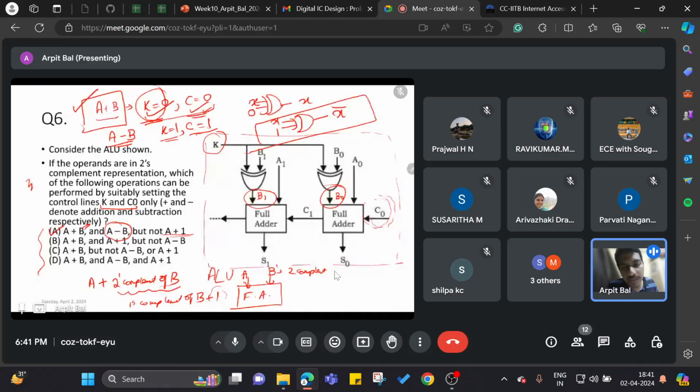So who can provide me that additional 1? We will use C0 to get that additional 1. So I have a full adder, I'll take A, I'll take B's 1's complement and another 1 to get this thing. That is nothing but 2's complement of B, and A plus 2's complement of B is nothing but A minus B.